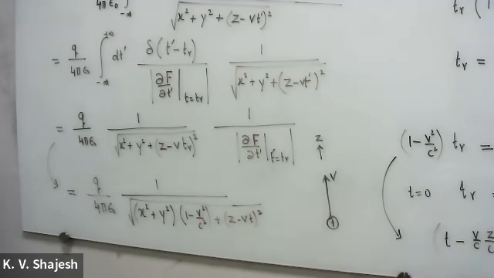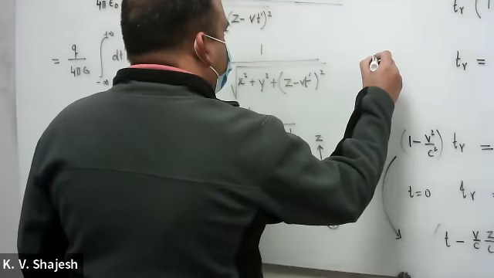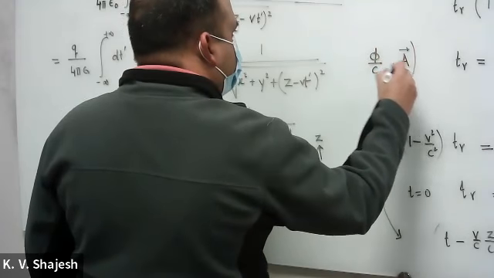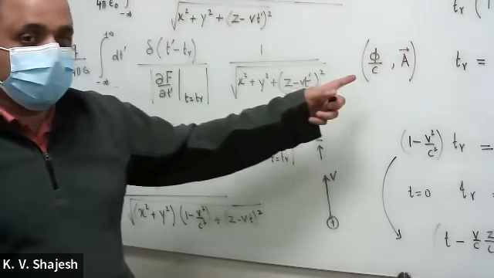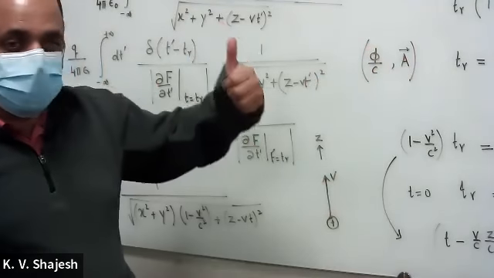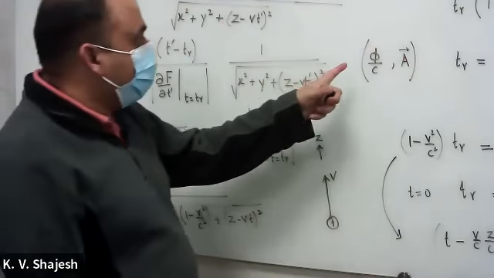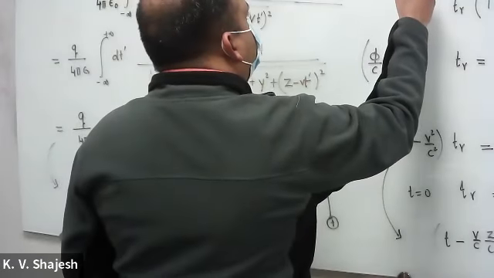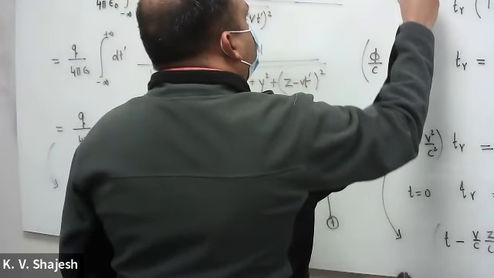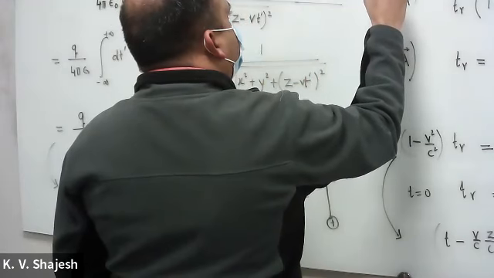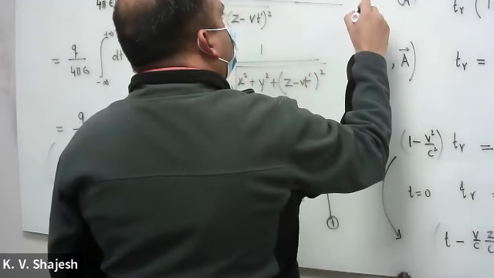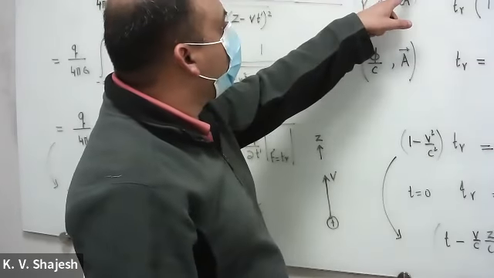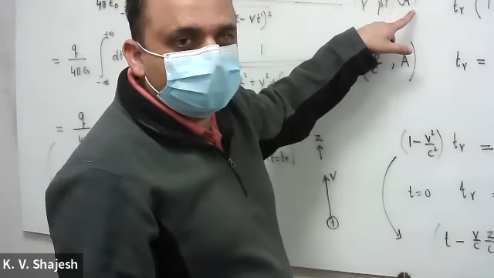No. The way we should see it is that, remember, phi over c and a, this acts like a 4-vector. And if I'm moving in the z direction, my gamma will multiply this. In a moving frame, gamma multiplies this phi and beta gamma multiplies this a.